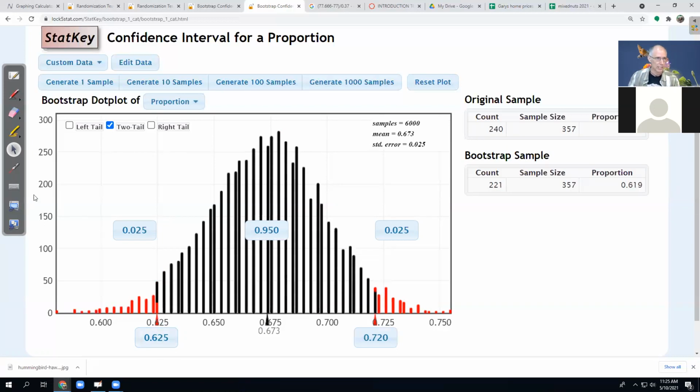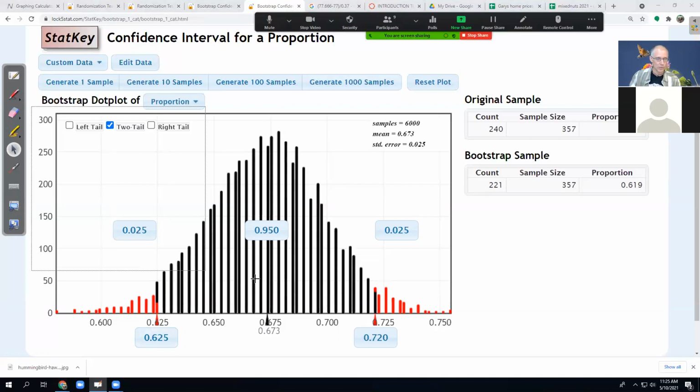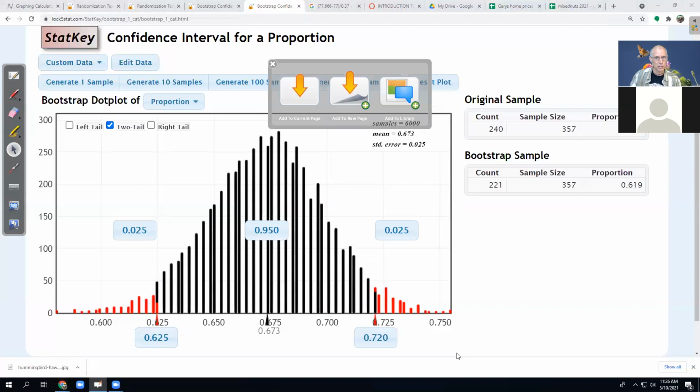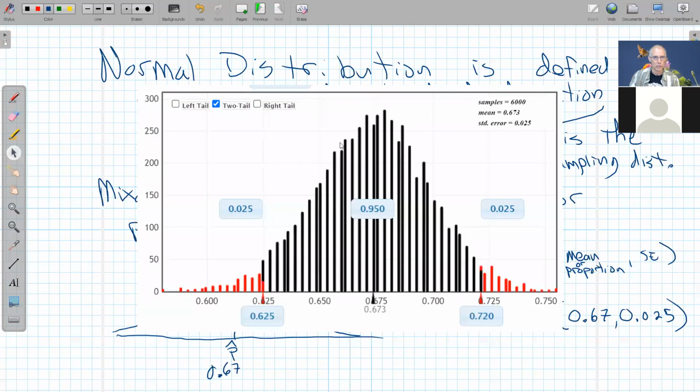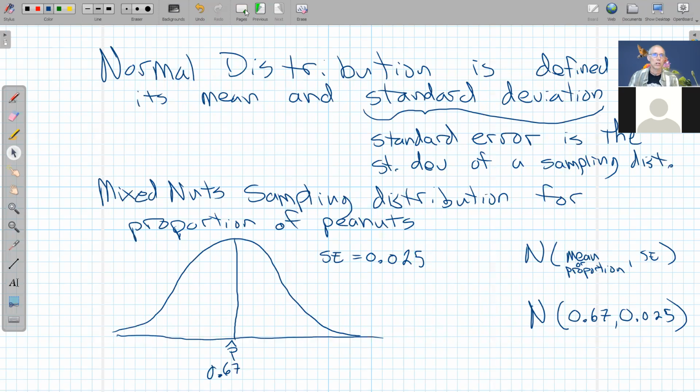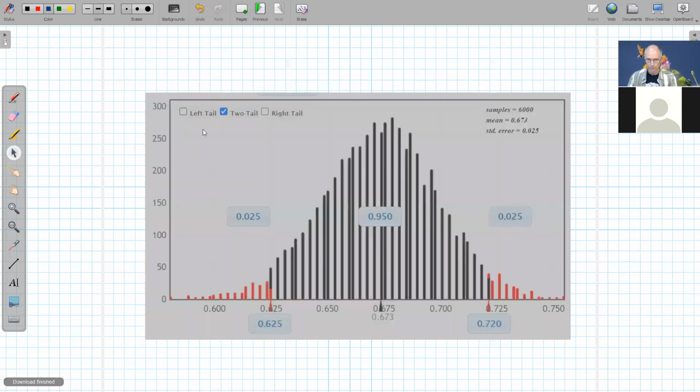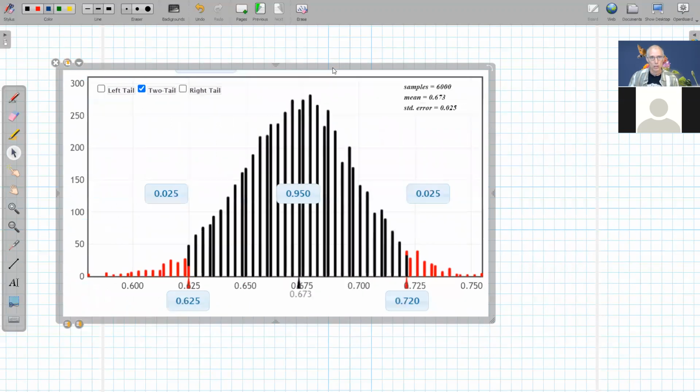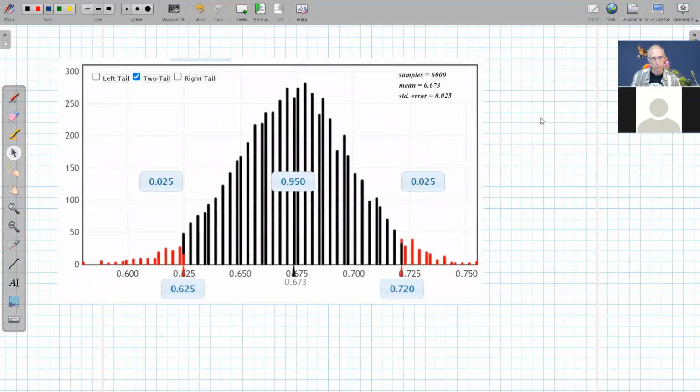So I just want to review that idea. This is a 95% confidence interval. And based on that 95% rule, this number here should be about 2 standard deviations below the mean, and this one right here should be about 2 standard deviations above the mean.